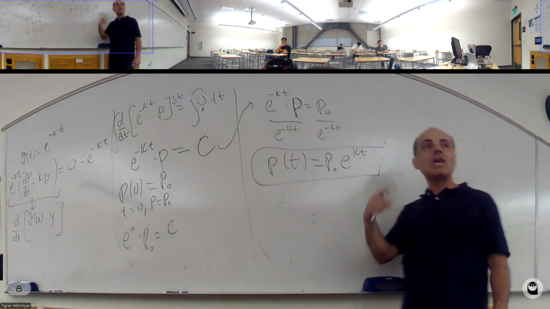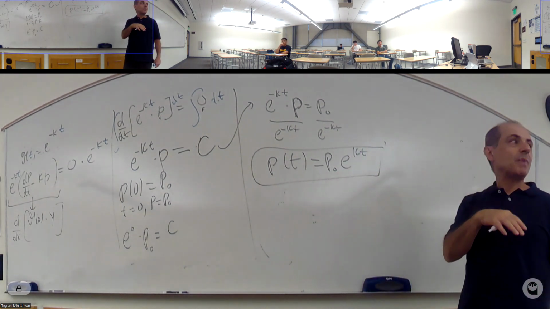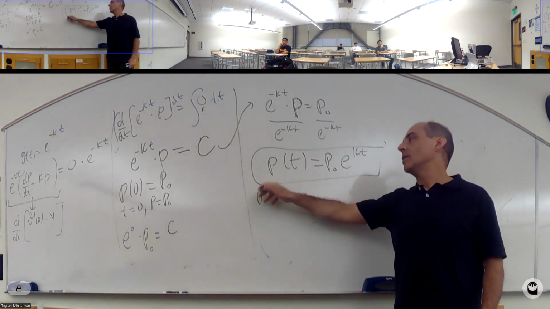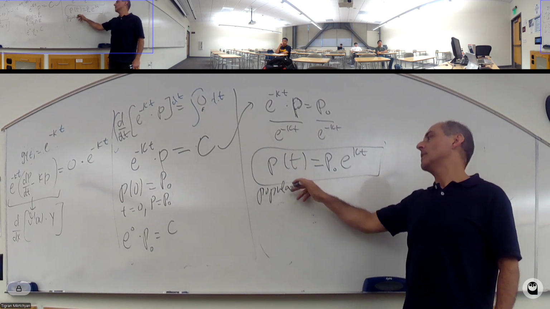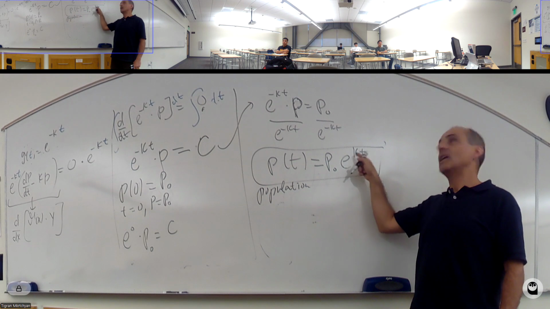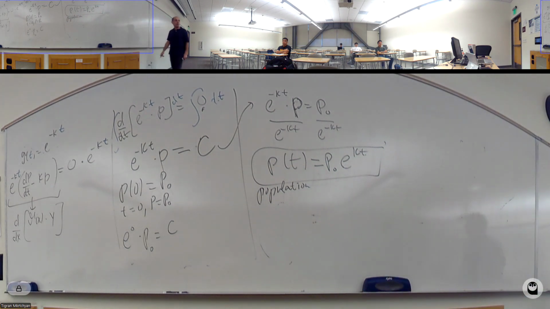So if the population's rate of change is proportional to the population itself, the population will be this: the initial population times e to the kt. Now we got that, and we'll use it for some problems.